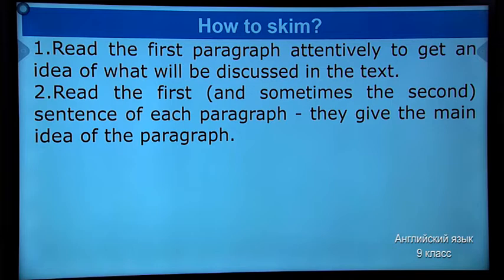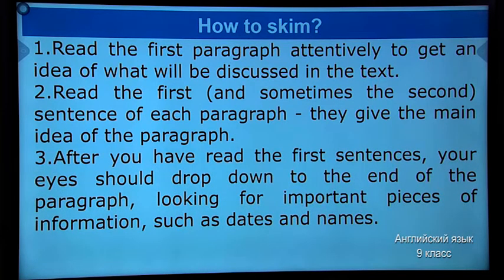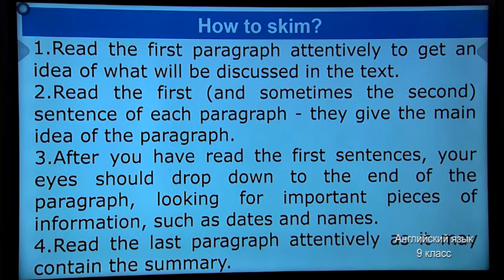They give the main idea of the paragraph. 3, after you have read the first sentence, your eyes should drop down to the end of the paragraph, looking for important pieces of information such as dates and names. And last, read the last paragraph attentively as it may contain the summary.